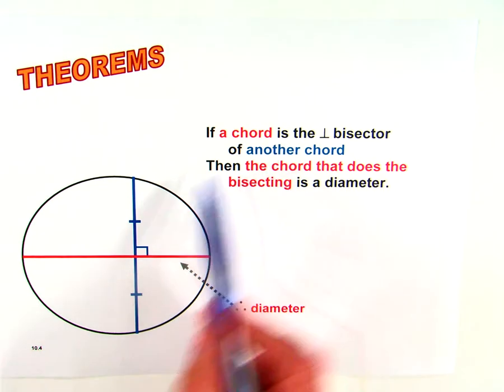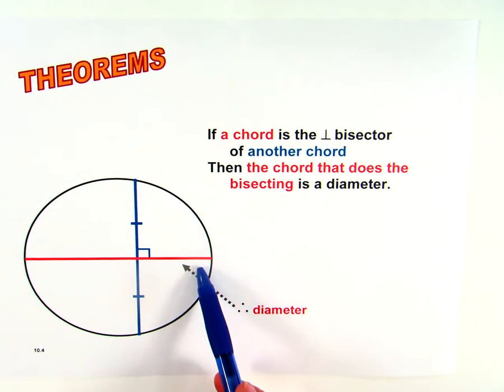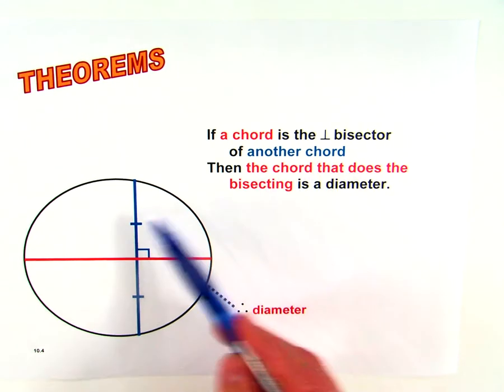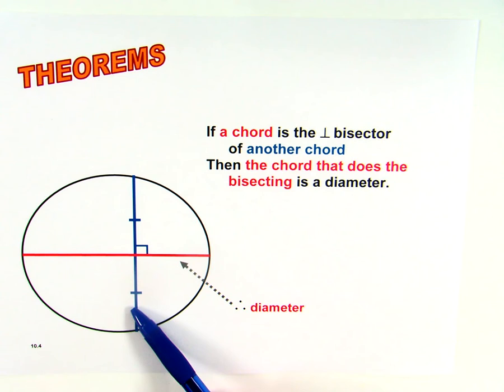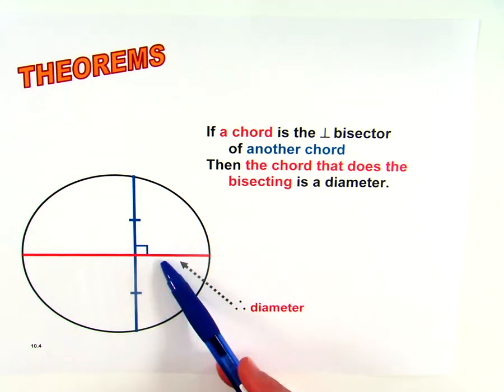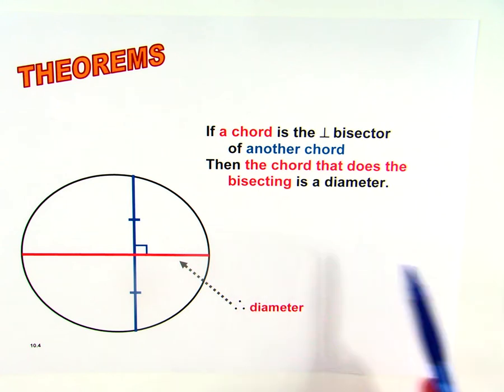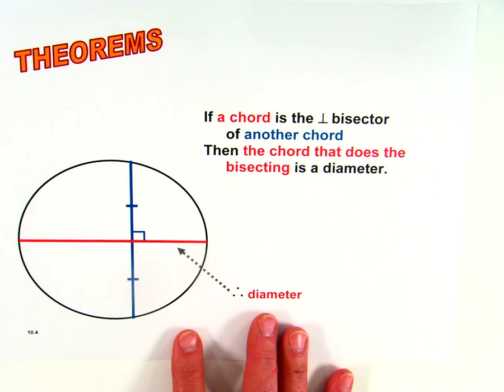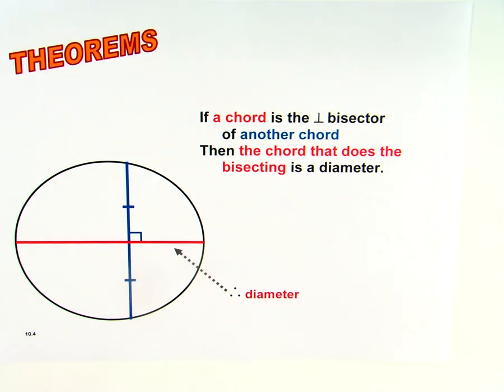If a chord, the red one, is the perpendicular bisector of another chord, the blue one, then the chord that does the bisecting, red, is a diameter. Let's just kind of get a gut feeling for why this is true. We can prove it with congruent triangles pretty readily.